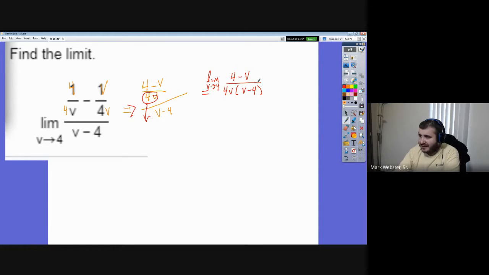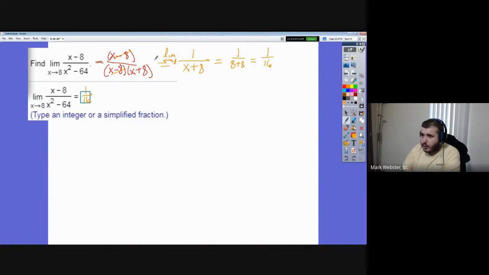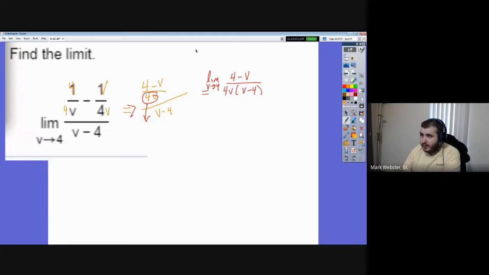So just like in the last problem, where you had the x minus 8 and the x minus 8 that you canceled out and we're left with 1, you're going to do the exact same thing here, but since they're backwards from each other, you're left with -1. So what I'm going to do is I'm going to rewrite this as limit as v goes to 4 of -1 over 4v.